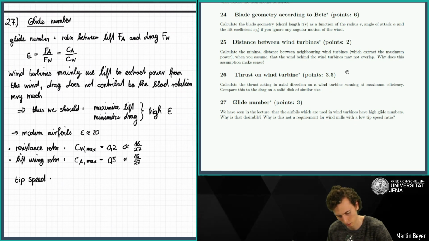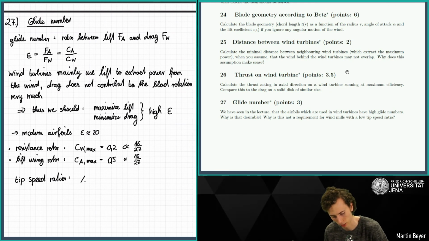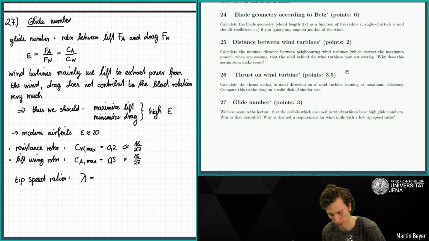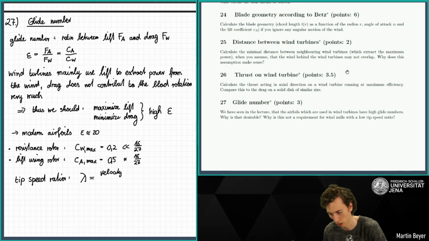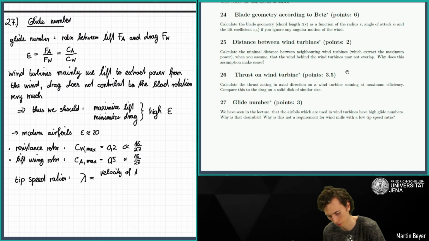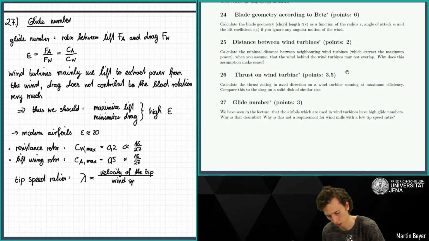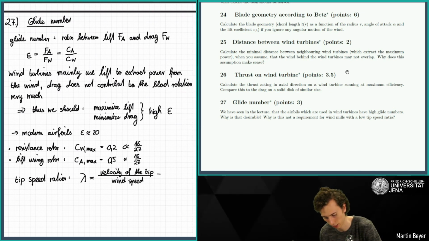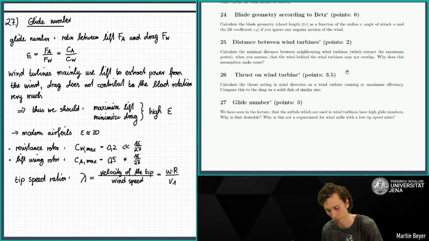This is called lambda, and this is defined as the velocity of the blade tip divided by the wind speed. Something like omega times r divided by v1.